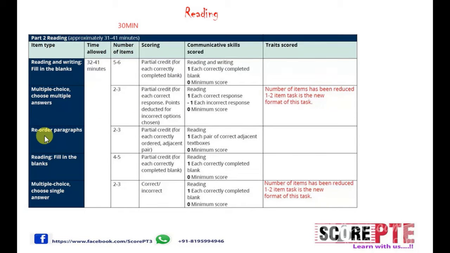In reading reorder paragraphs, there has been no change, and reading fill in the blanks, there has been no change. And for multiple choice single answer, there will be a change in item tasks. Before 16 November 2021, you were getting 2 to 3 tasks, but now you will get 1 to 2 item tasks in your exam. The scoring criteria will be the same.